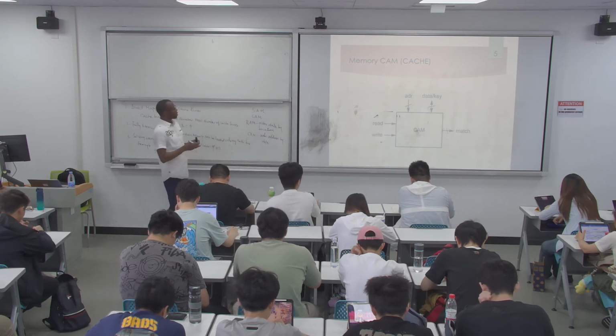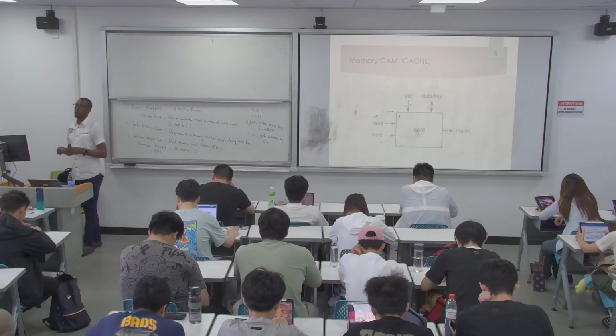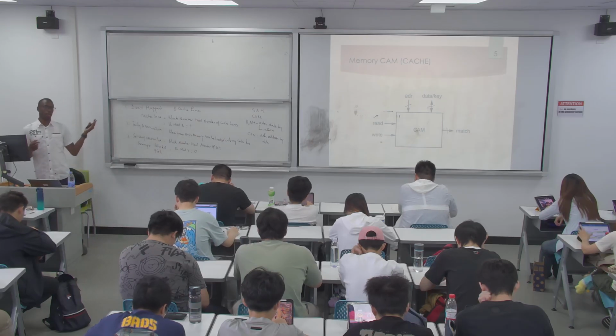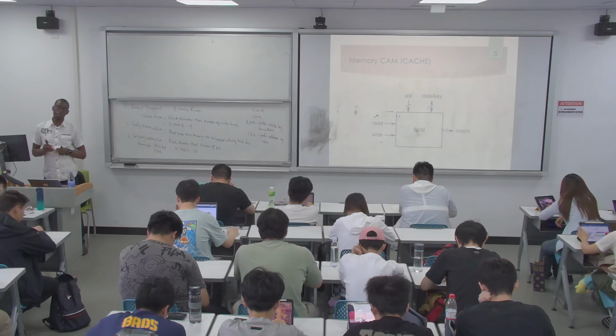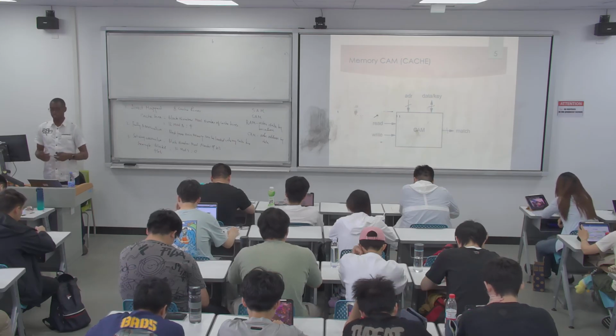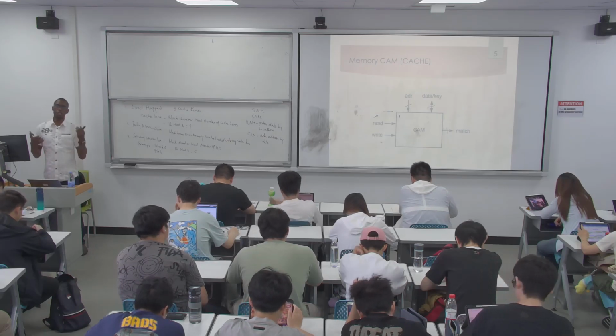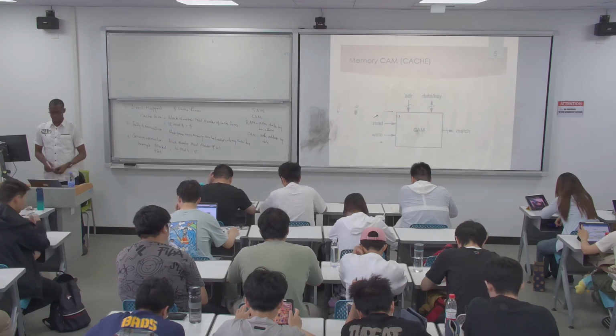So for random access memory, the system asks for data by location, by memory address. What do you have at this memory address? The system provides an address location, and the data will be returned based on a specific memory location.